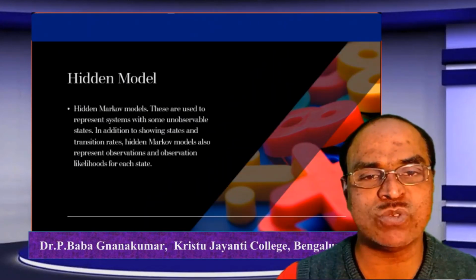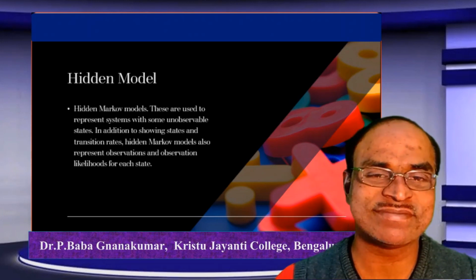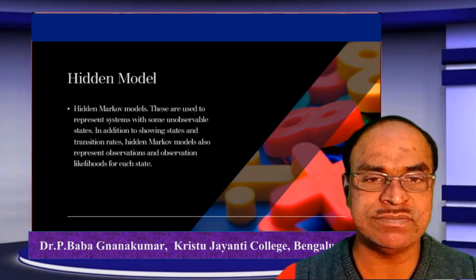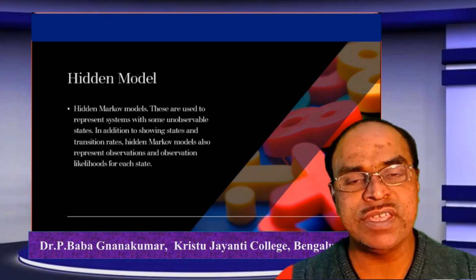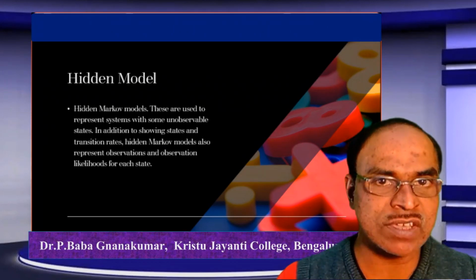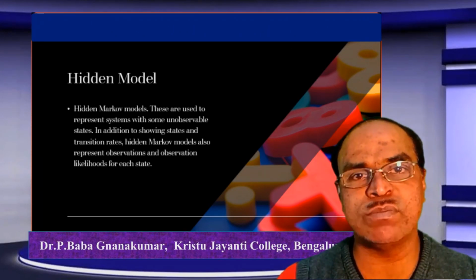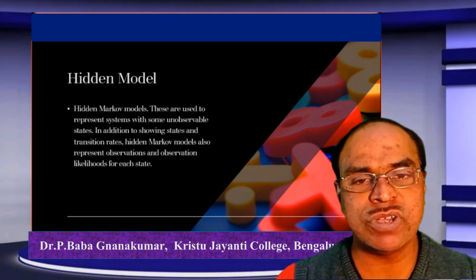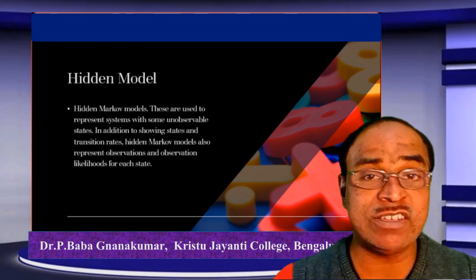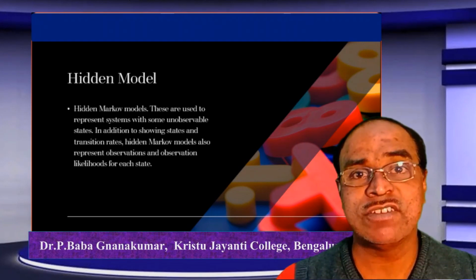There are two models. One is called the hidden model. In case of the hidden model, we will use the transition rates. Not only how many persons are shifting or what is the shift from one brand to another brand, but in the hidden model the observation of the likelihood of that event will also be identified.